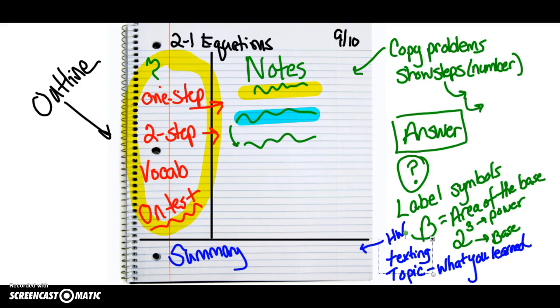Or maybe we do all distributive property first. That should be a summary. It should just be a couple sentences. They don't have to be sentences. It could be phrases. It should just be a review of what it was that you learned. So that the next day when I say, what did we do yesterday? You come back to that summary and you say, this is what we did.